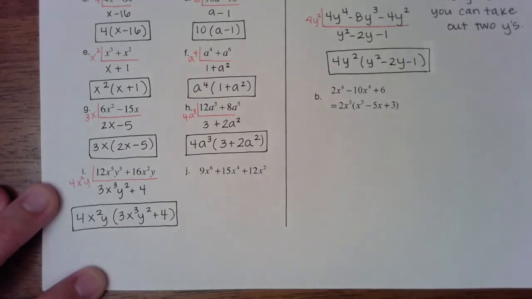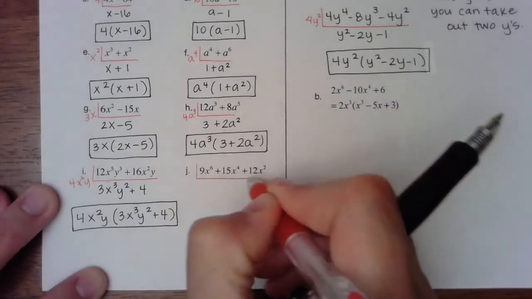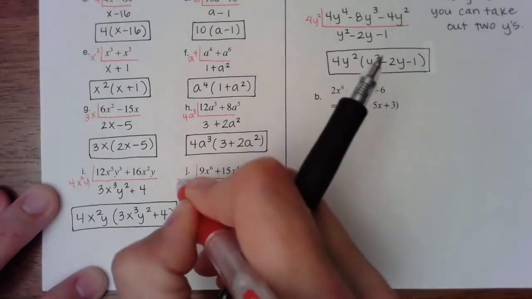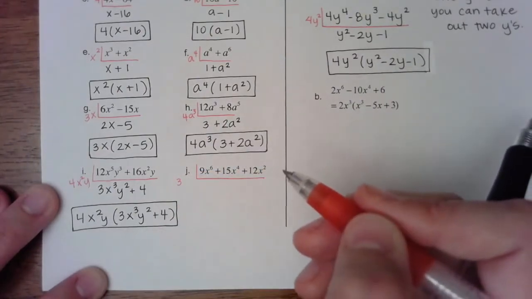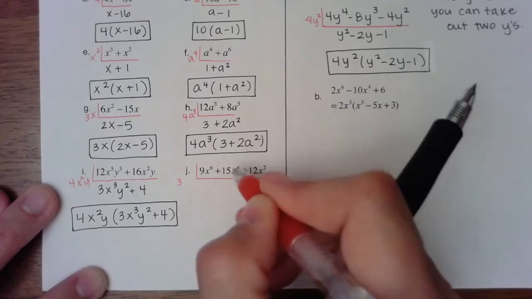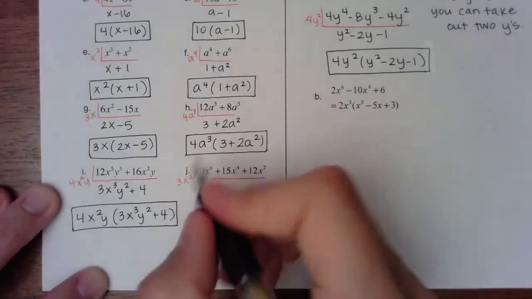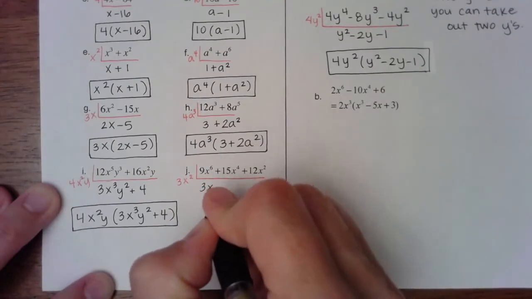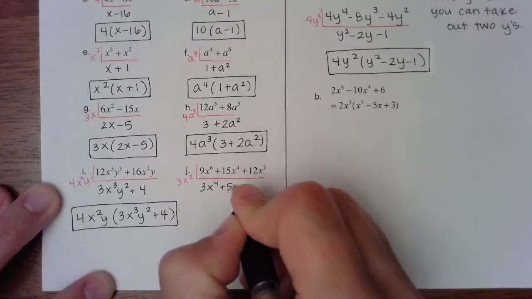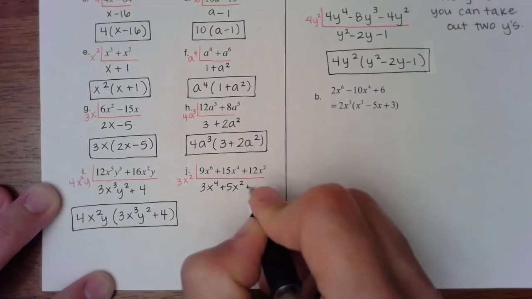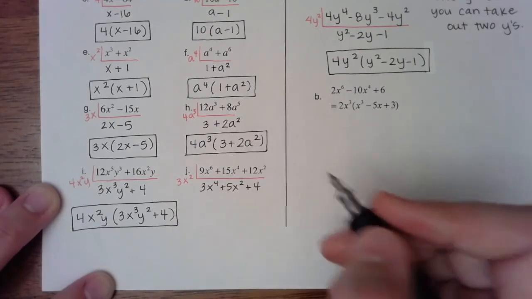And then last but not least, on this one, all 3 of those numbers divide by 3. That's the biggest number they divide by. And then this one has 6 x's, this one has 4 x's, and this one has 2 x's, so I can take out 2 x's. I'm going to have left over 3x to the 4th plus 5x to the 2nd plus 4.